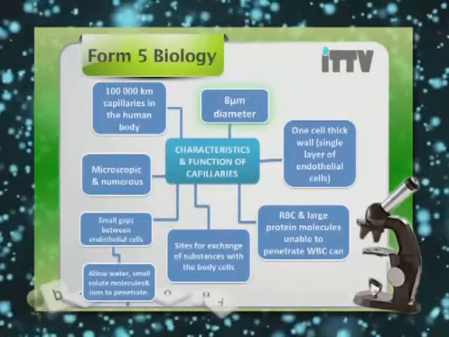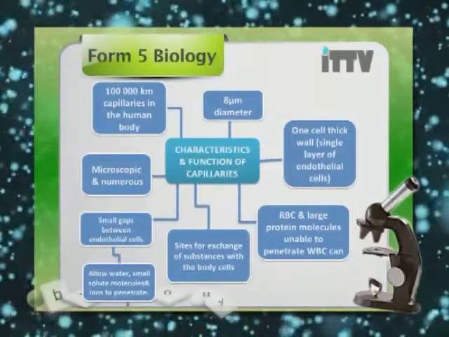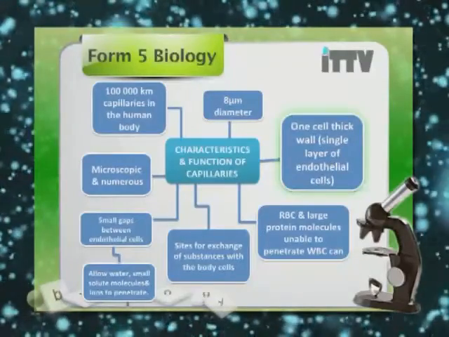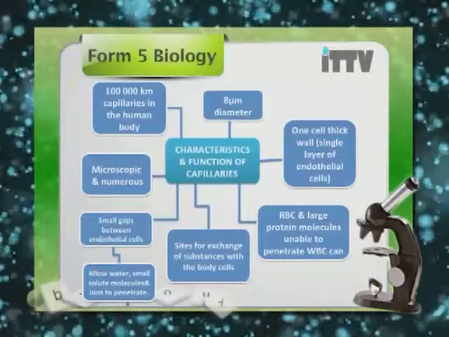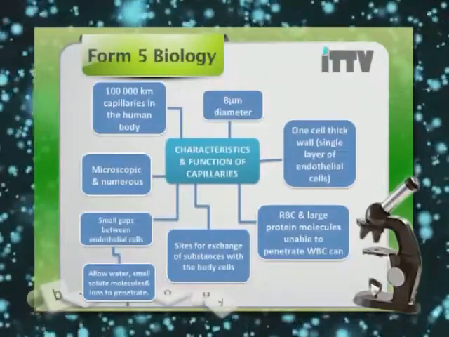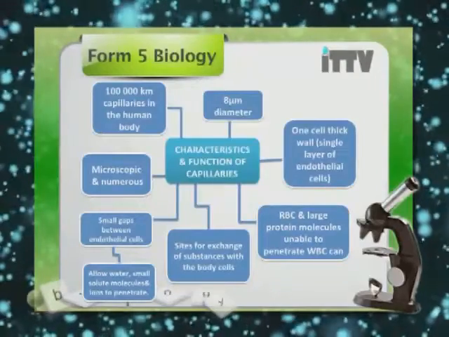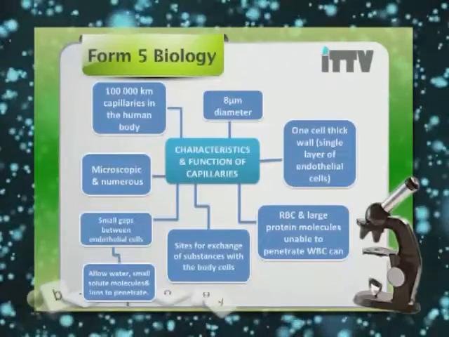Look at the diameter size of the capillaries. It's only 8 microns and only 1 cell thickness. The interesting thing about capillaries is it is the area where the exchange of nutrients and gases happen to the tissues. How is this possible?